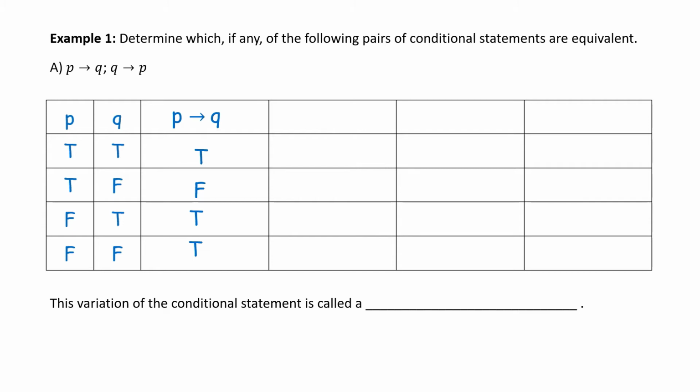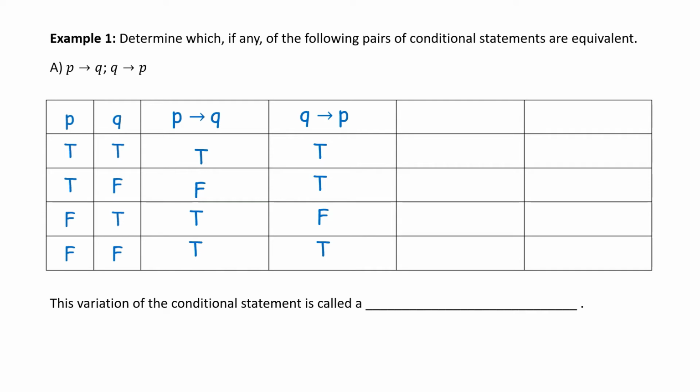Now let's construct Q implies P. So now we're looking at true implies true, that's true. False implies true, that's also true. How about true implies false? That is false. And finally, false implies false is true.